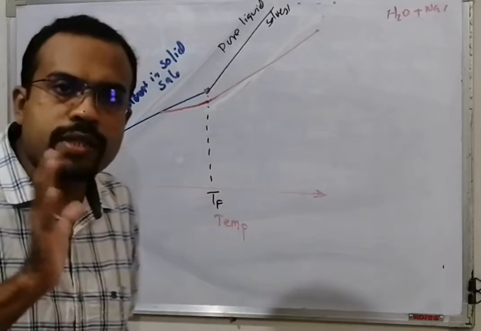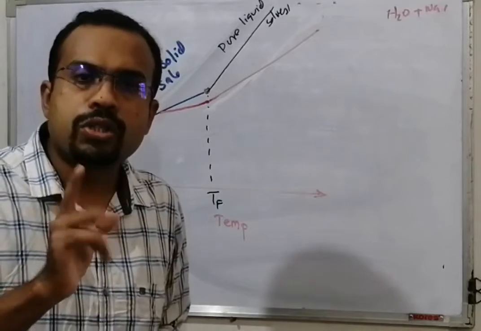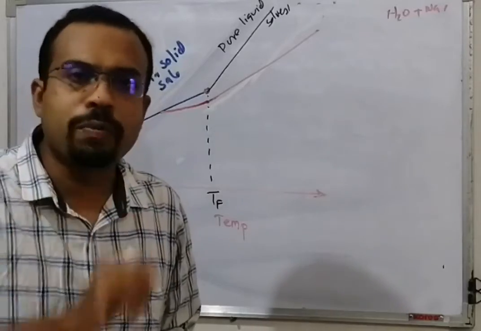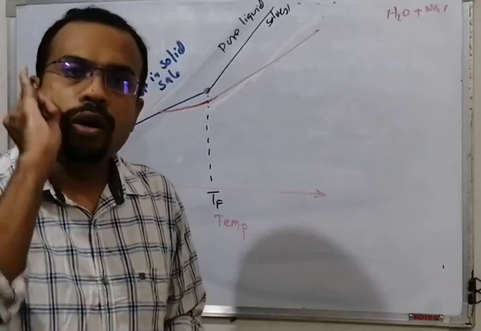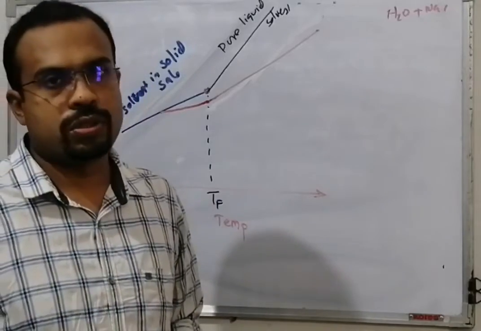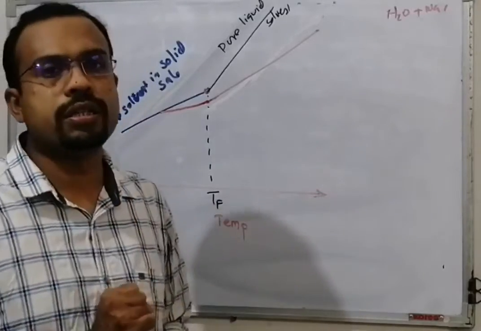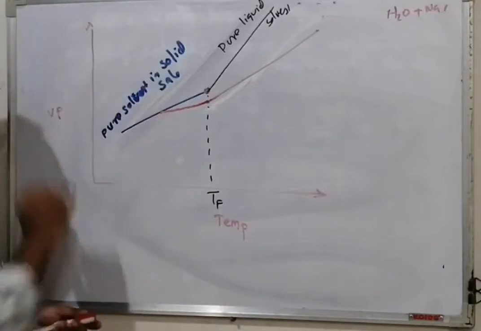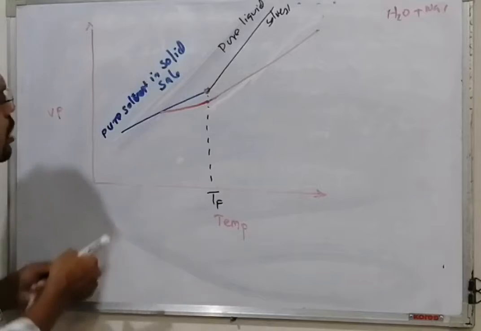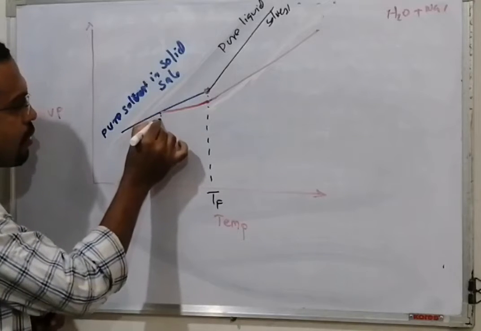You have no separate salt solution solid. That's not possible. If you freeze the salt solution, only water will become ice. Only water becomes the solid. That point is meeting here. Therefore, the solution starts to freeze here.